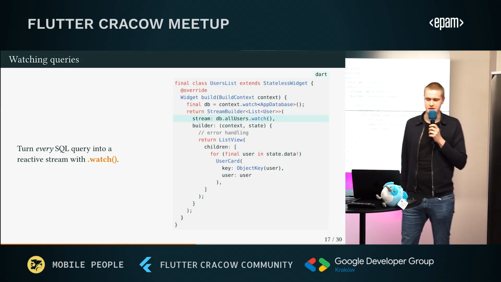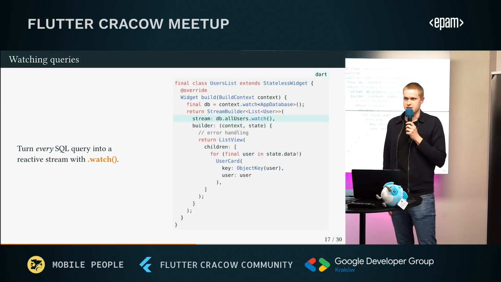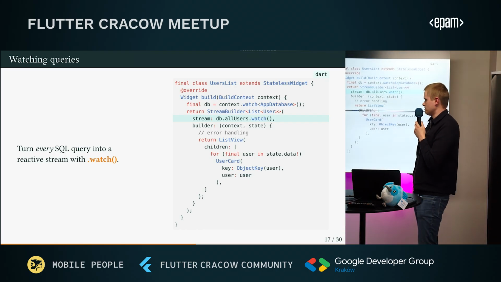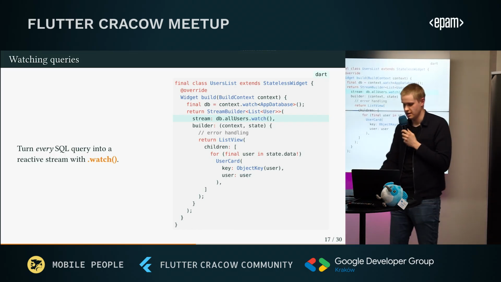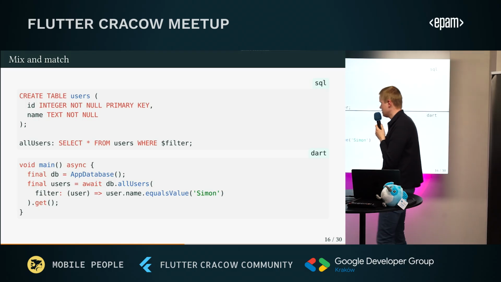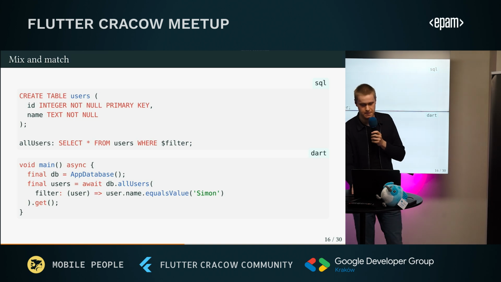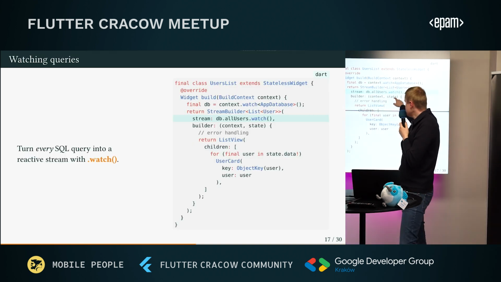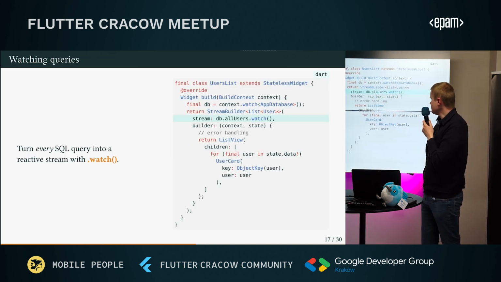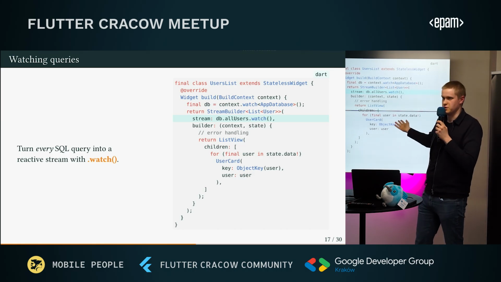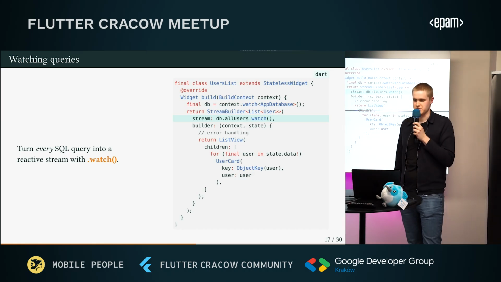Well, I've also mentioned that Drift can turn every SQL query that you can select from into an auto-updating stream. So we've seen in all our previous slides that in the end I'm calling .get, and I can literally replace this .get with .watch, as shown in this example here. And the nice thing then is that instead of .get returning a future, this is going to return a stream.